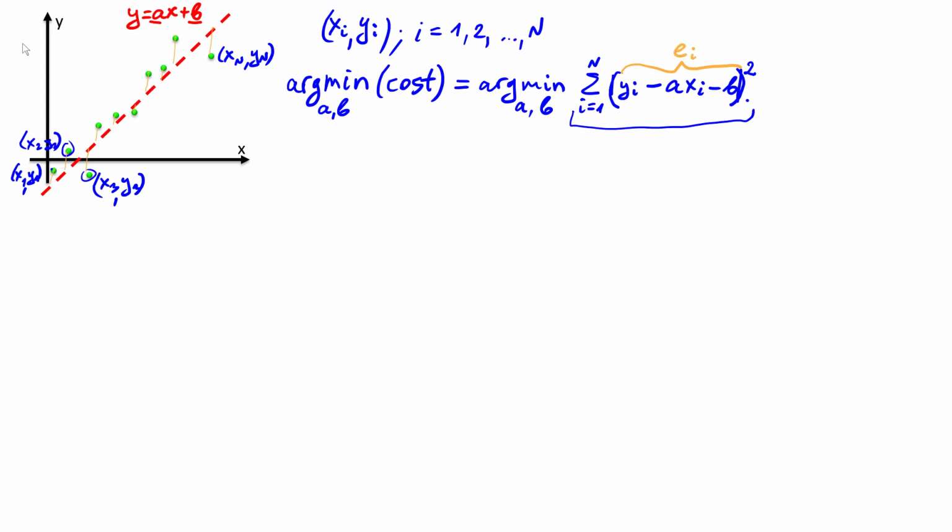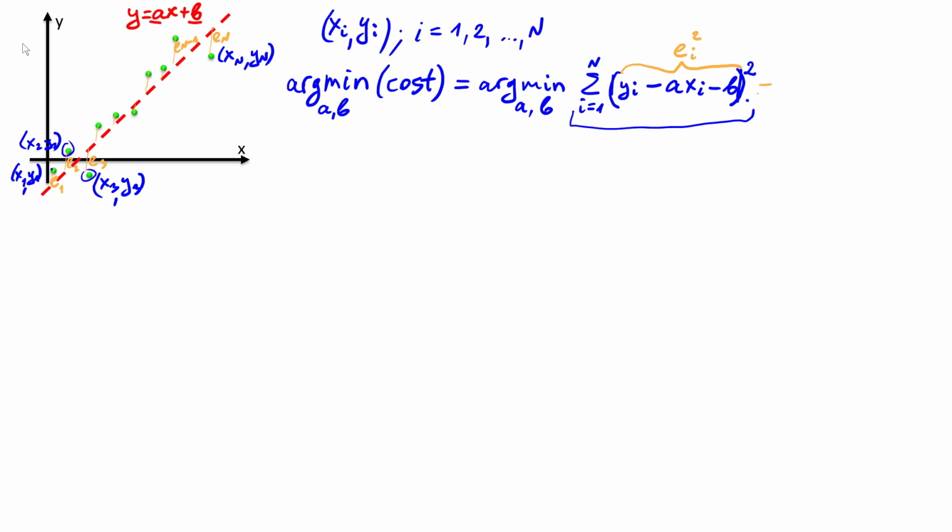This is error i, this is error n minus 1, and this is error number 1, error number 2, error number 3, and so on. Those are the distances that we are measuring, and we are squaring each error and adding all of the errors. We want to find such a and b which will minimize the sum of square errors.